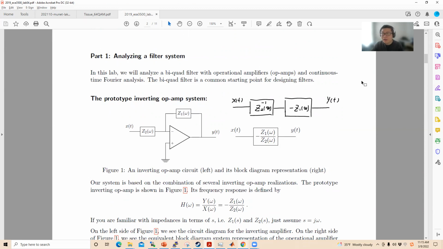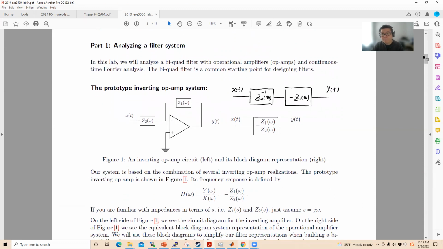how to design, no, it's not how to design. It's about how to experience the system response based on a particular circuit.